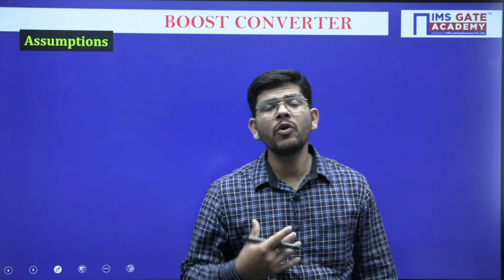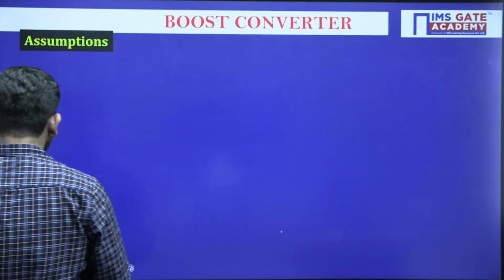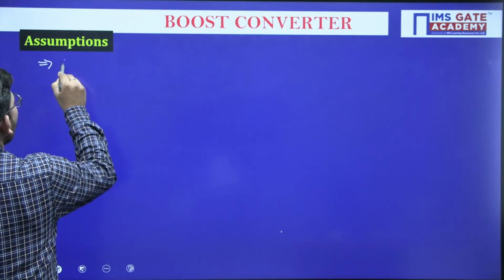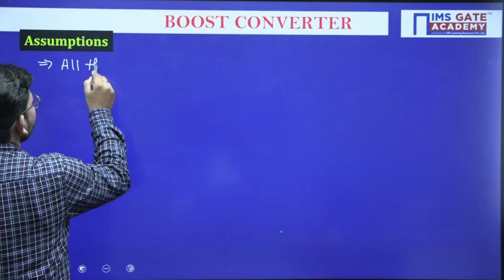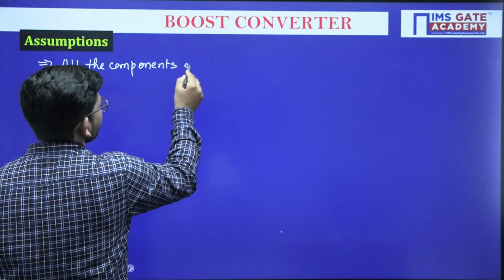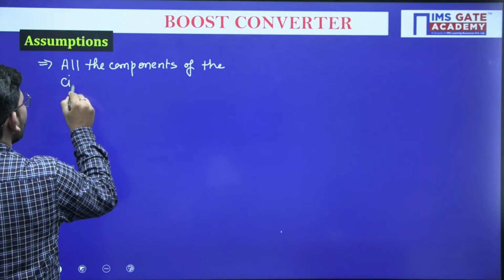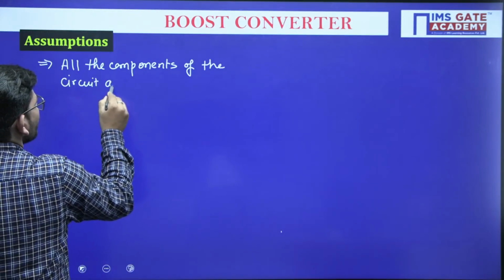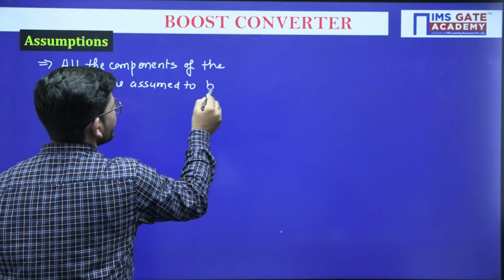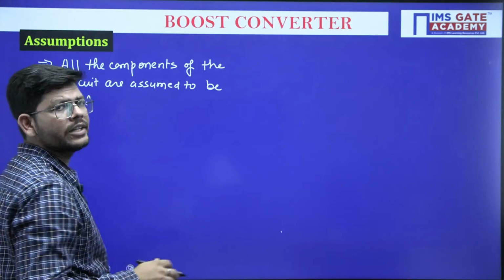Now before analyzing this circuit, let us discuss the assumptions that we are going to take here. So what are those assumptions? The first assumption that we have is that all the components of the circuit are assumed to be ideal, means there is no loss.